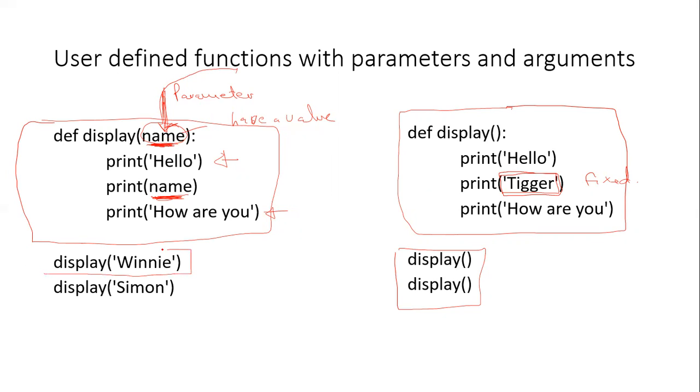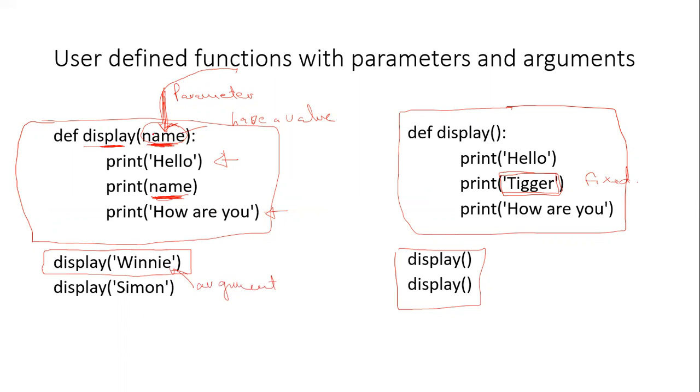It's an extremely nice way of writing your functions. Notice I'm calling display. So that is the function call display. And now this is called an argument. So that's the argument.